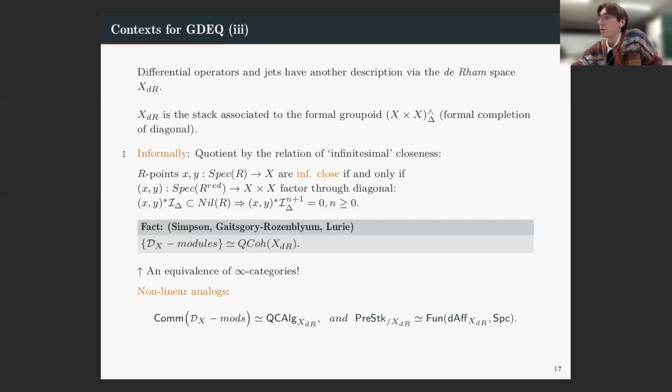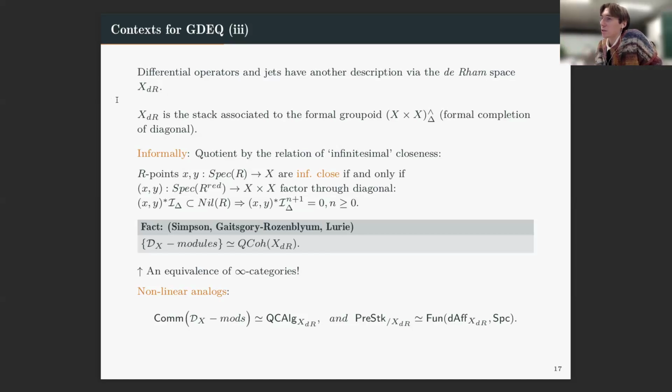So as I mentioned, though, you might not have this sheaf of differential operators. And another equivalent way to look at it is to look at sheaves over this de Rham space. I don't want to say anything really about what this is, except that when you see the de Rham space, you can think of parallel transport. So it's the other way of looking at a flat connection, not necessarily as a Lie algebra map between vector fields on your base, acting compatibly with fiber-wise vector fields on the total space of your bundle, but in terms of the induced parallel transport isomorphism between the fibers.